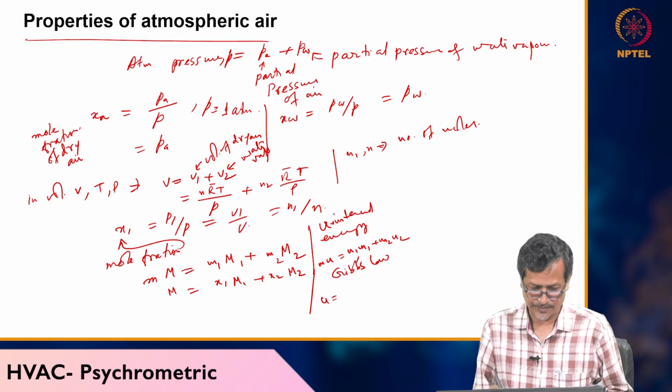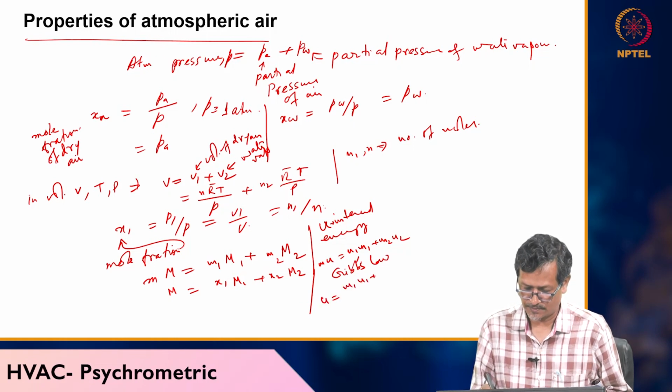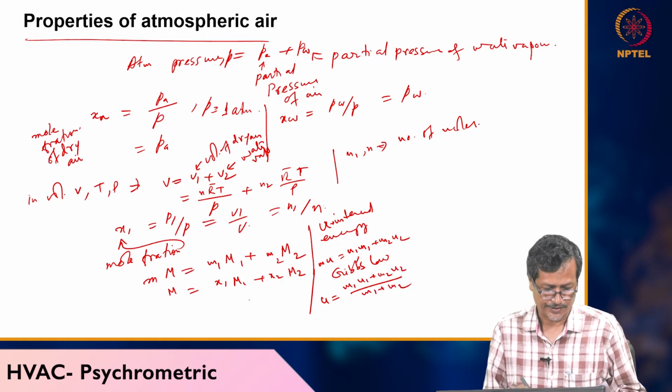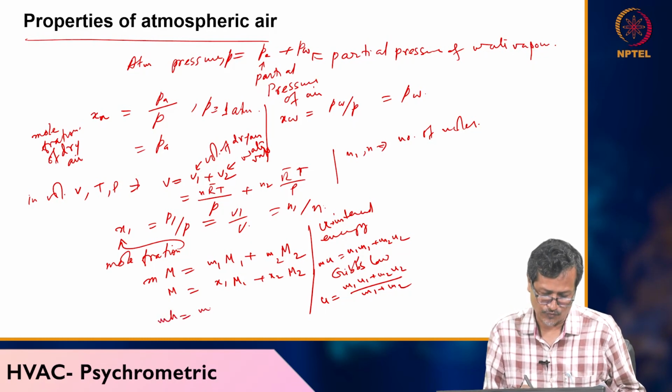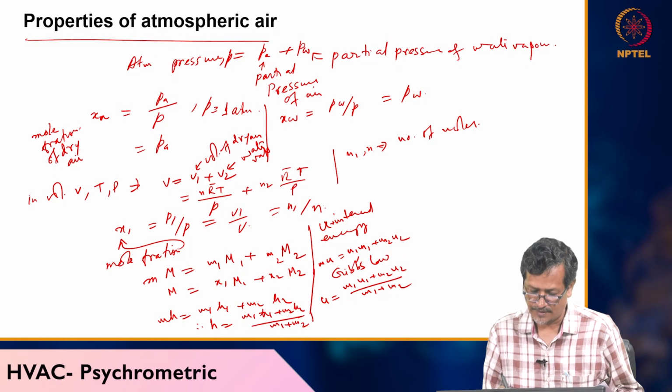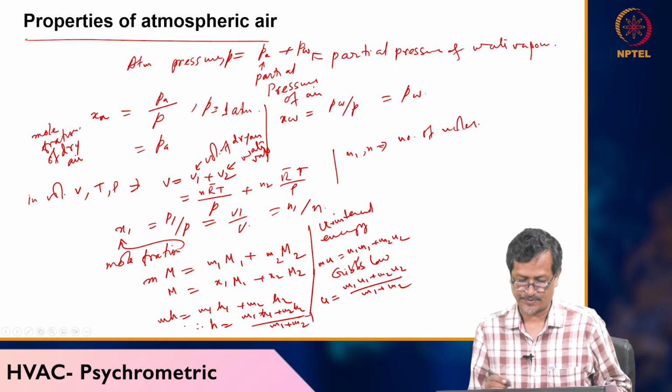So U becomes (m1 u1 plus m2 u2) divided by (m1 plus m2). And if I write in terms of enthalpy, mh equals m1 h1 plus m2 h2. Therefore H equals (m1 h1 plus m2 h2) divided by (m1 plus m2), where m equals m1 plus m2.